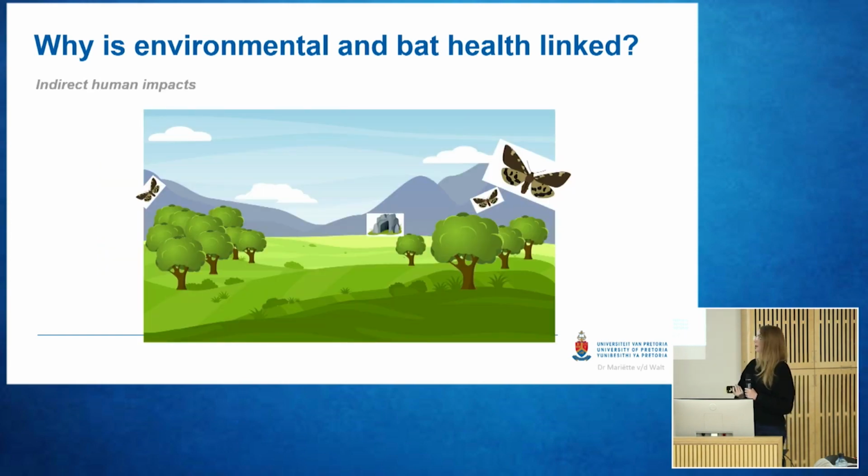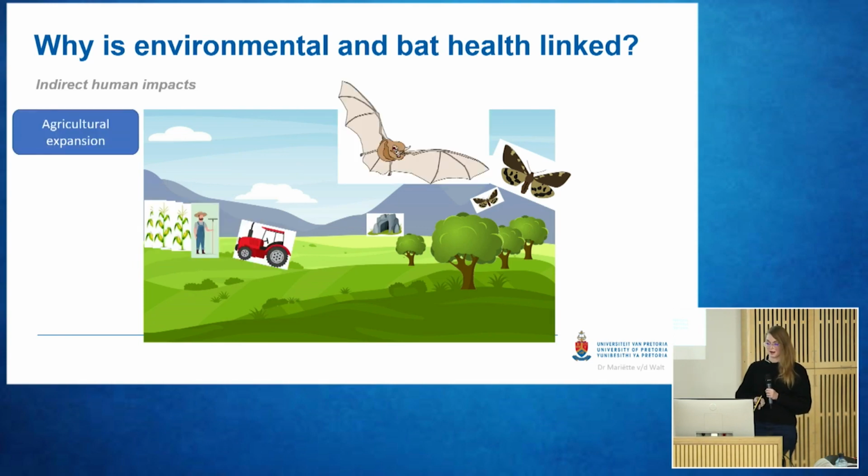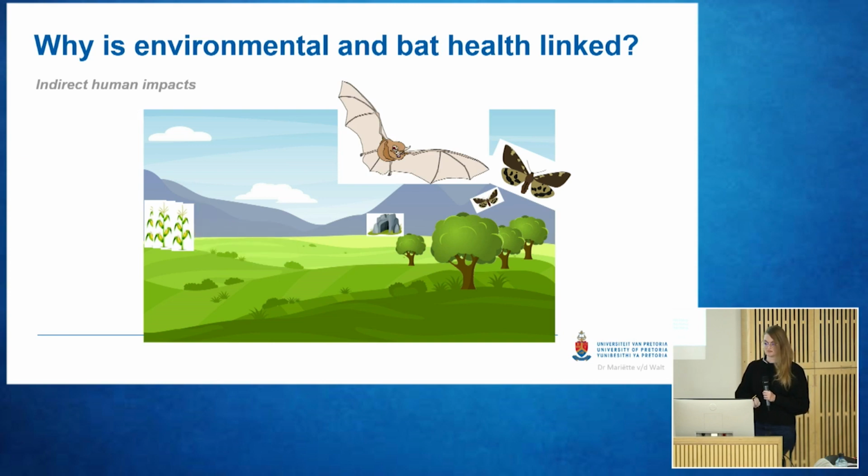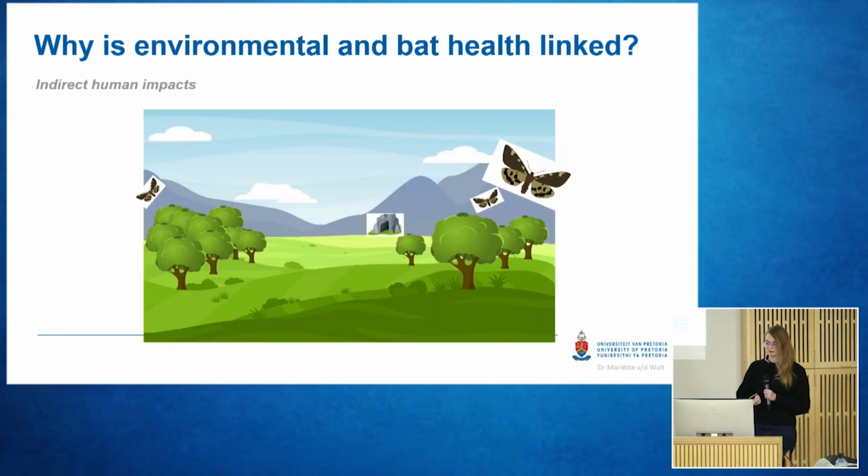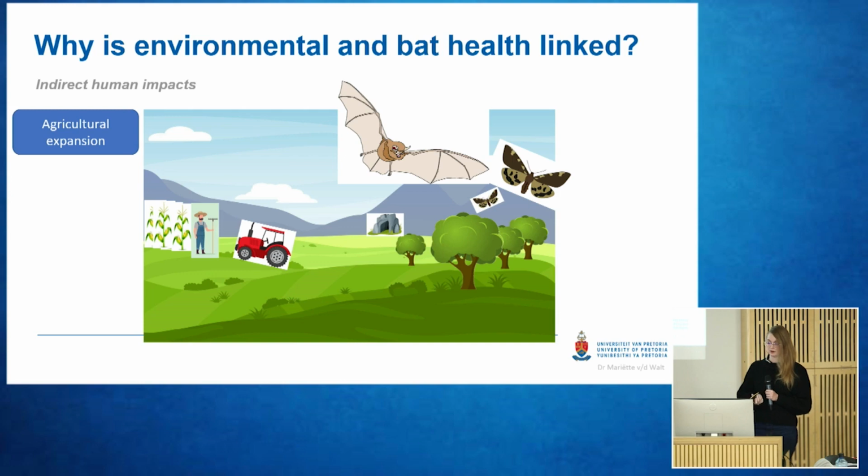So here I made a nice picture. Here we have the bat environment, and here is the bat in its natural environment. In the natural environment, the bat is using the natural landscape elements like the trees to navigate, and if it's a vegetation roosting species, it roosts in trees.